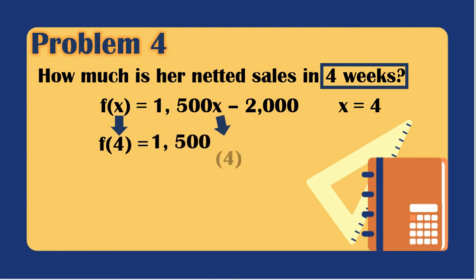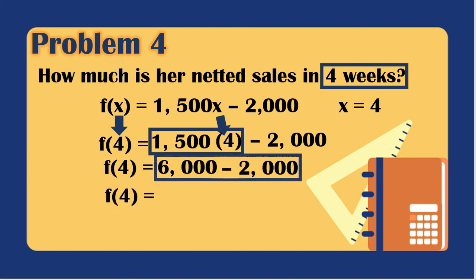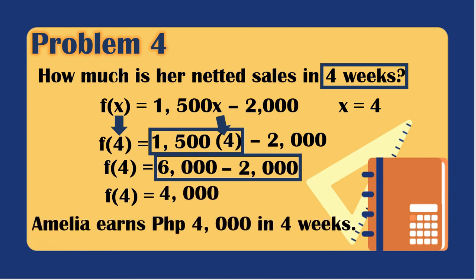X will become 4 also. Copy minus 2,000. F of 4 is equals to 1,500 times 4. That is 6,000 minus 2,000. F of 4 is 6,000 minus 2,000. That is 4,000. Therefore, Amelia earns 4,000 in 4 weeks.